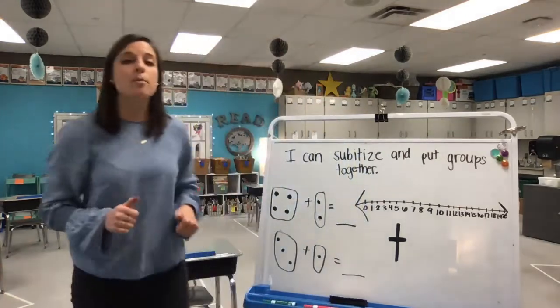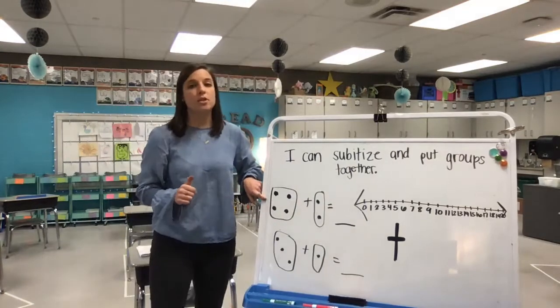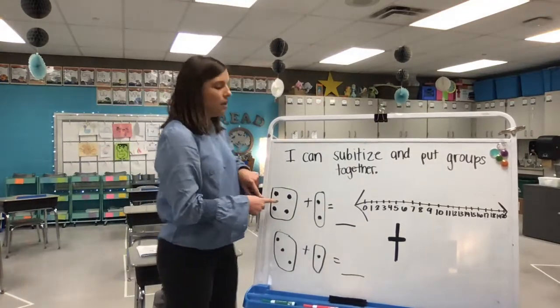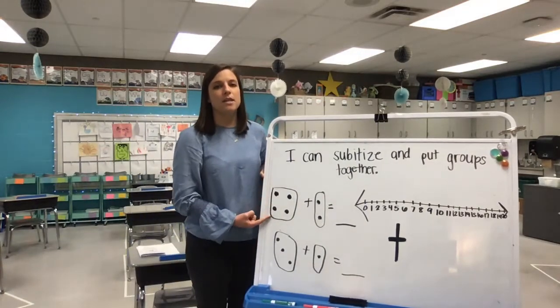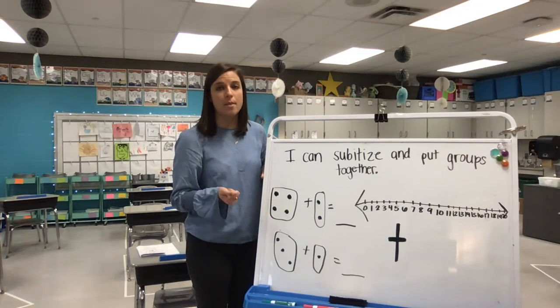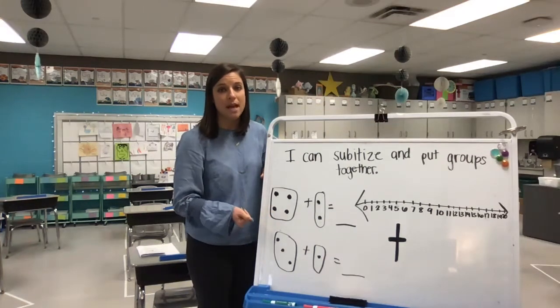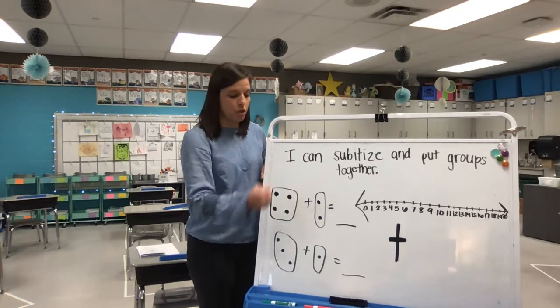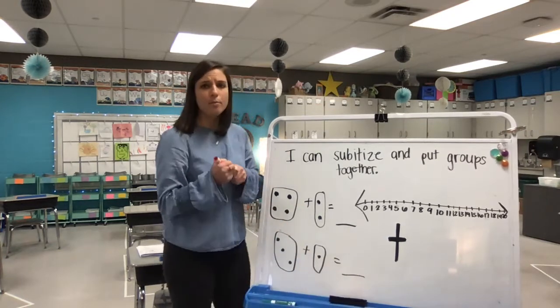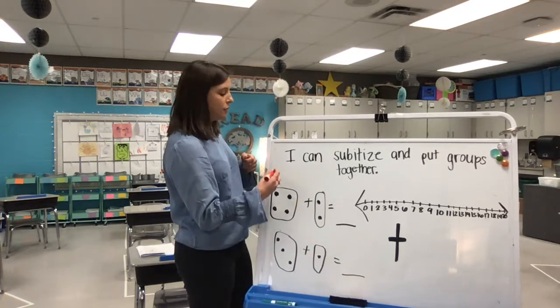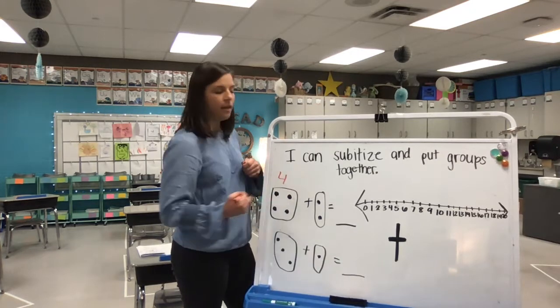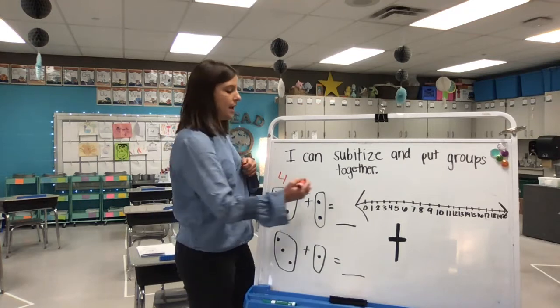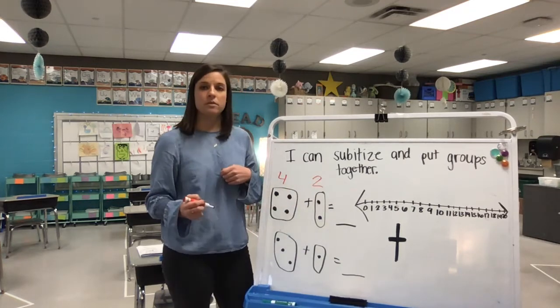So we're going to subitize our groups to help us know what we're adding. So in my first group, how many dots do you see? 4. We should be able to say it right away because we can subitize it. So we have 4. How many in my second group? 2. So to help my brain remember, because I have 2 groups, sometimes I can forget, I have 4 and I have 2.